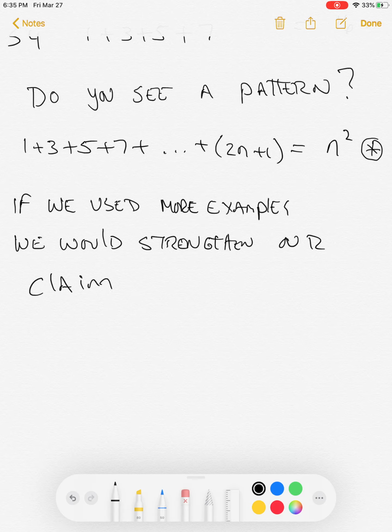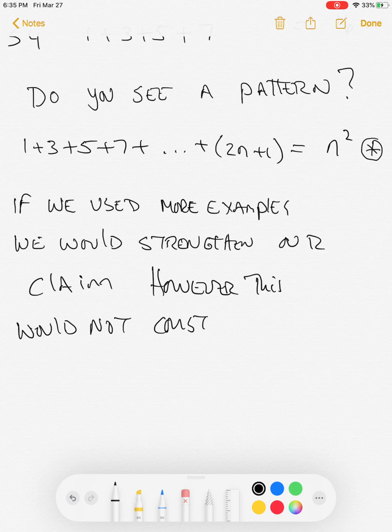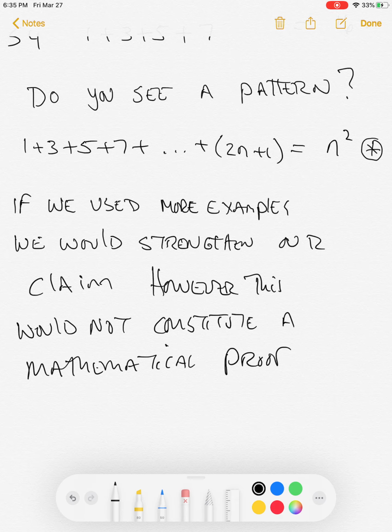However, this would not constitute a rigorous mathematical proof. It would not be an airtight argument if I were just to supply a few more examples that just happen to work. There might be something that falls through the cracks there.